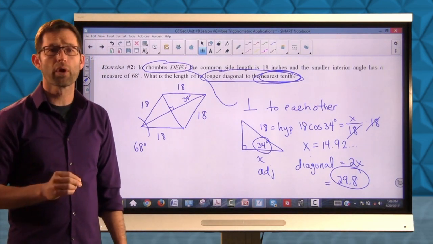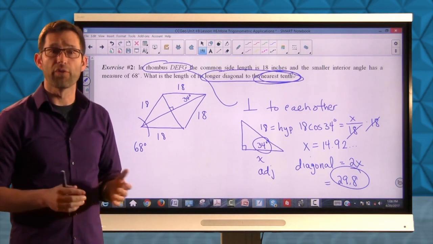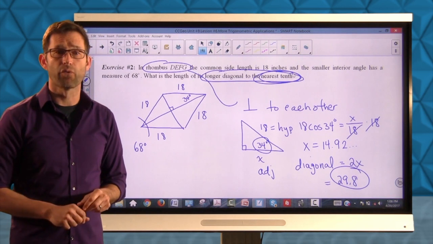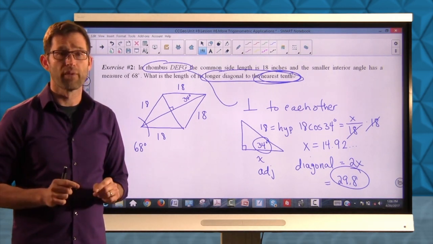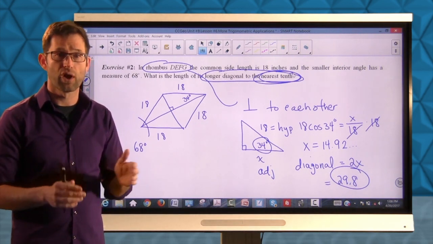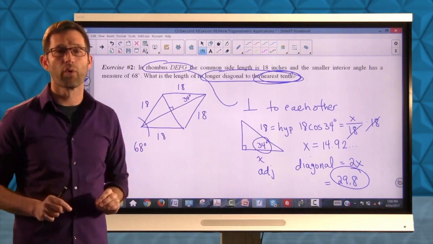So this is cool, and it's not surprising. Back when we were working with rhombuses in the quadrilateral unit, we did a little bit of Pythagorean theorem with them. Now we can do trig, but there were two important facts of rhombuses that we needed to use in this problem. The first and most important was that the diagonals of a rhombus are perpendicular to each other, carving the rhombus up into 1, 2, 3, 4 identical right triangles.